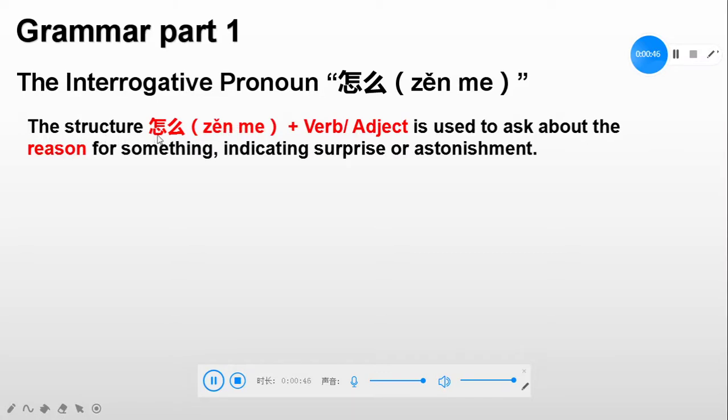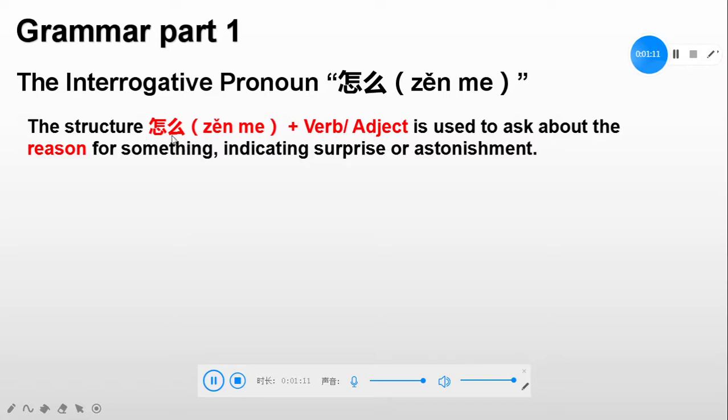The structure 怎么 plus verb or an adjective is used to ask about the reason for something, indicating surprise or astonishment. So here, I need you to focus on this red sentence, 怎么 with a verb or adjective.